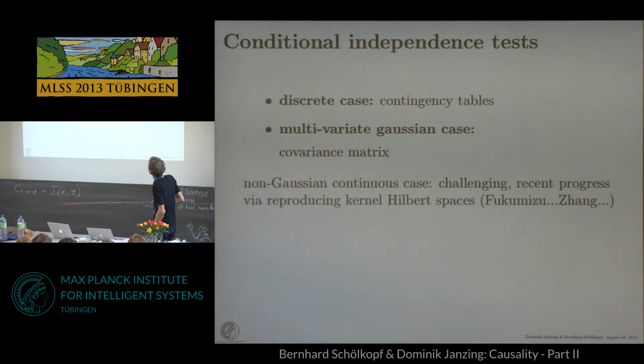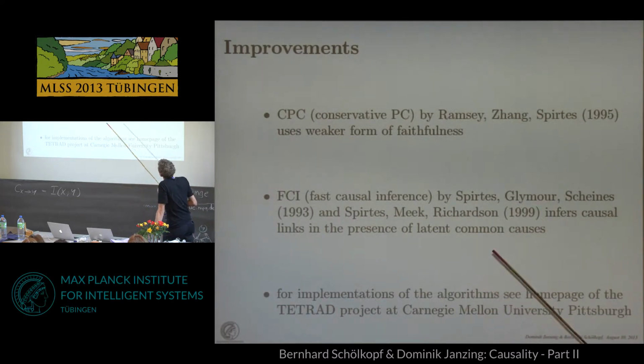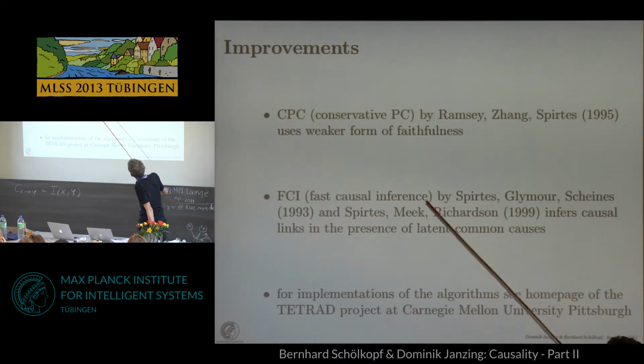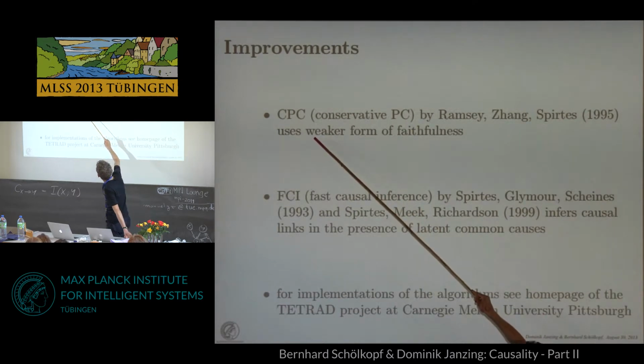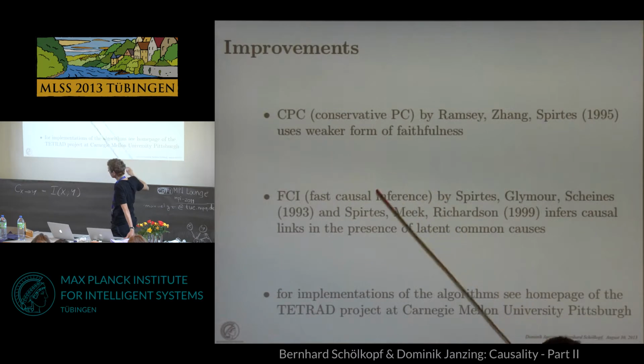For non-Gaussian continuous variables, it's quite challenging to invent conditional independence tests. Bernhard will talk a bit about that, how to use kernel methods for this enterprise. There are important improvements for these causal inference methods. First of all, there is something called conservative PC. It depends on a weaker form of faithfulness.